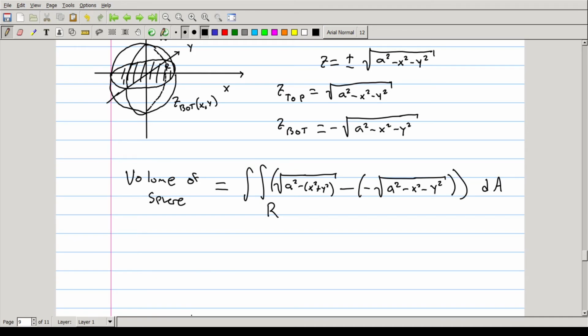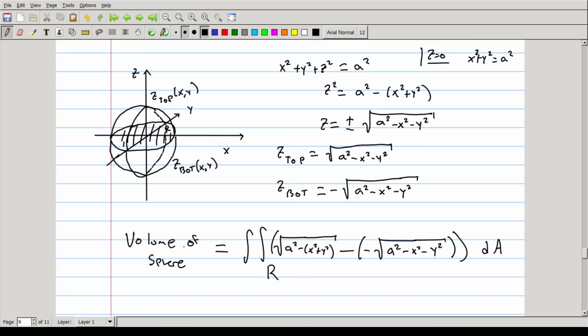Which is a direct application of the formula that I just wrote down.